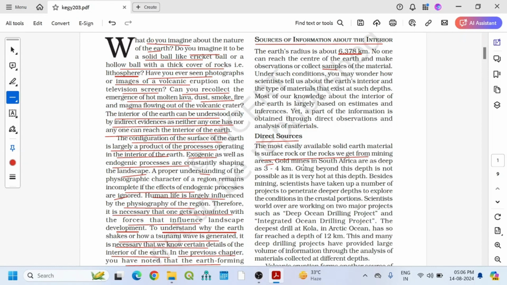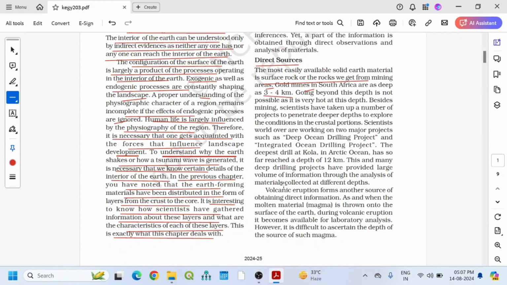Gold mines in South Africa go as deep as 3 to 4 kilometers. But going deeper is difficult due to the extreme heat. However, these mines give us valuable insights into the Earth's crust.